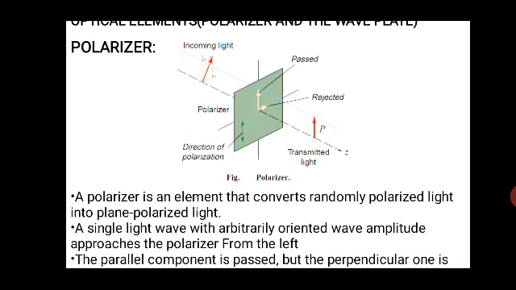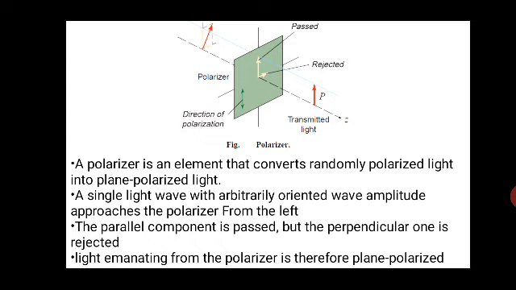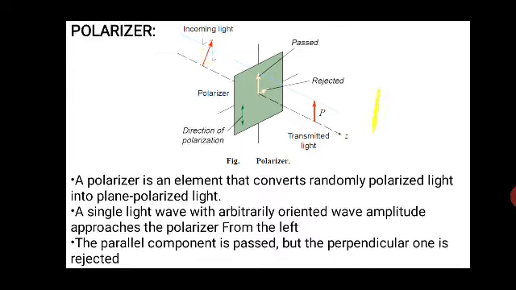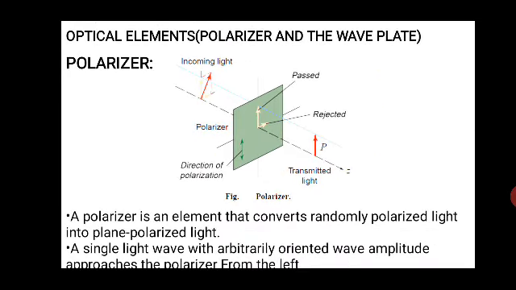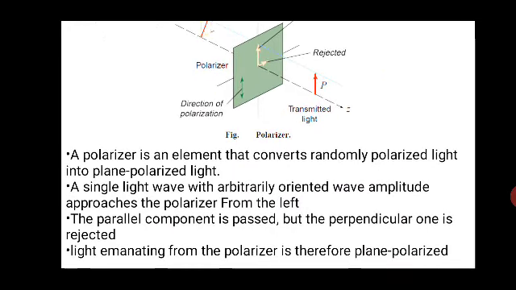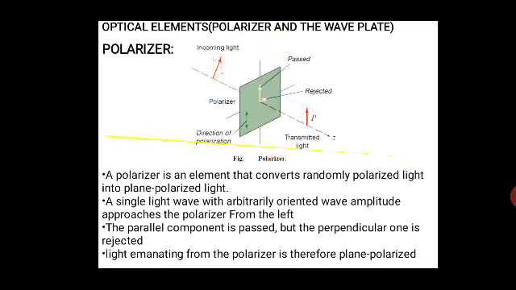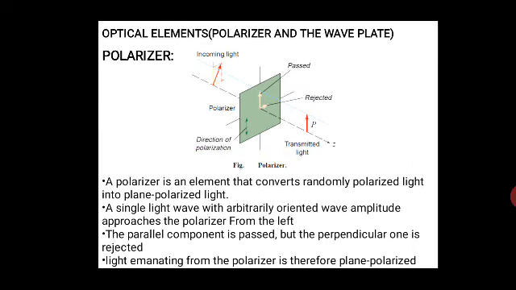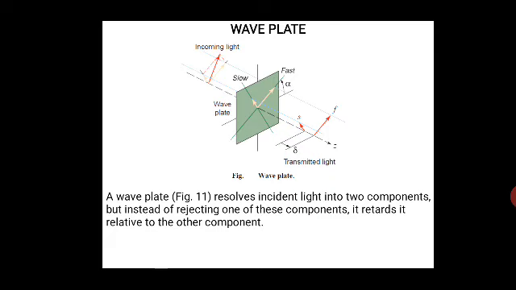So its purpose is only to pass the components which are parallel to the polarizer, and it will reject the components which are perpendicular to the polarizing plane. Finally, the light that comes out from the polarizer is called polarized or plane polarized light. This is about the polarizer.